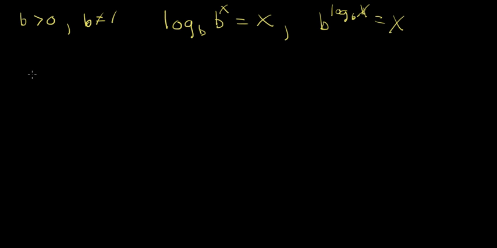If you have 3 to the log base 3 of 4, notice b to the log base b of x, 3 to the log base 3 of 4. What does that equal? Oh, wait. No, but wait, there's more.